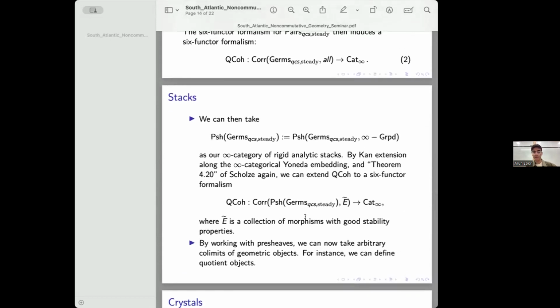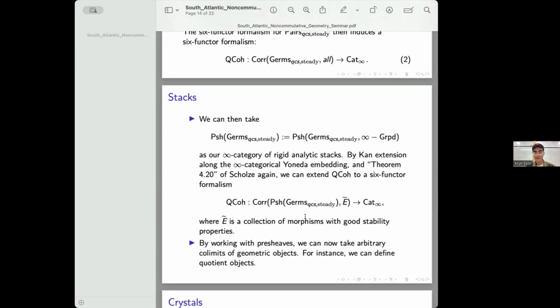Okay, so our category of stacks, which we're going to consider, because we're going to consider quasi-coherent sheaves on stacks, as this is one way we can think about D-modules, is the category of presheaves on germs, valued in infinity groupoids.